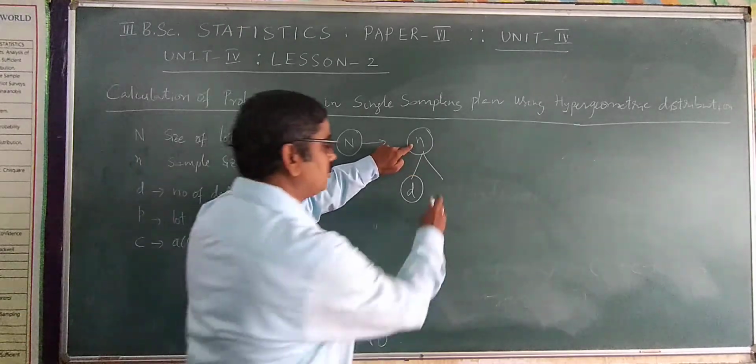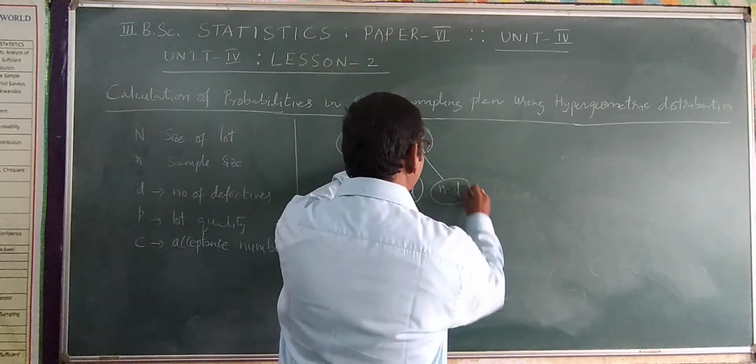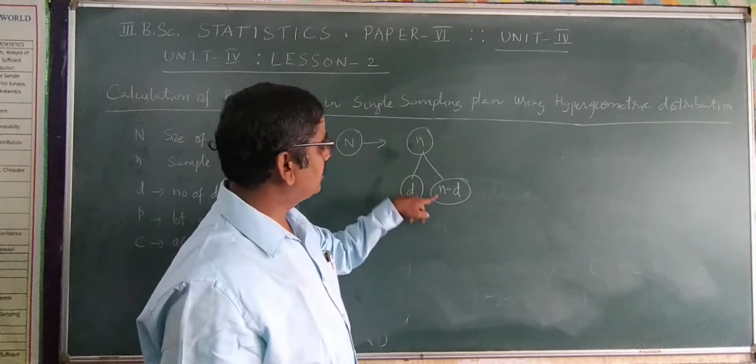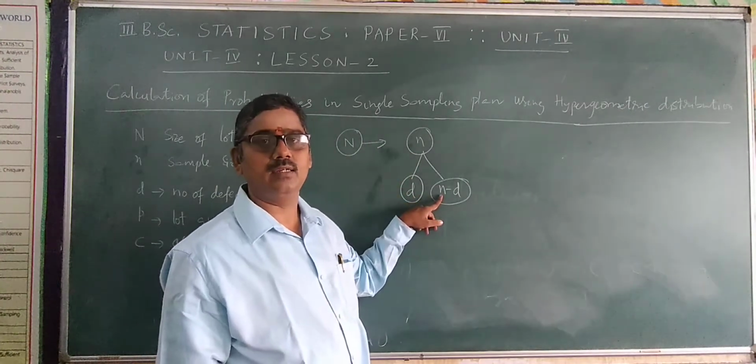The remaining items, which means n minus d. So the defective items are d, and the non-defective items are n minus d.